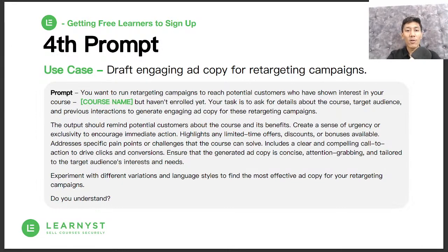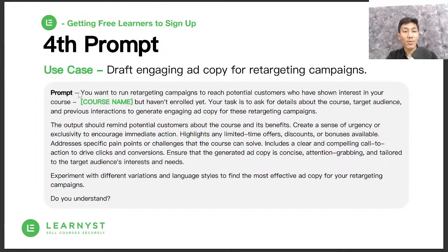A lot of people who come to your website and then go back, you can retarget them with the help of this prompt. So your ad copy has to be aligned with what you want to achieve from these retargeting campaigns, what you want to achieve by reaching those potential customers. By customers I mean those free learners.